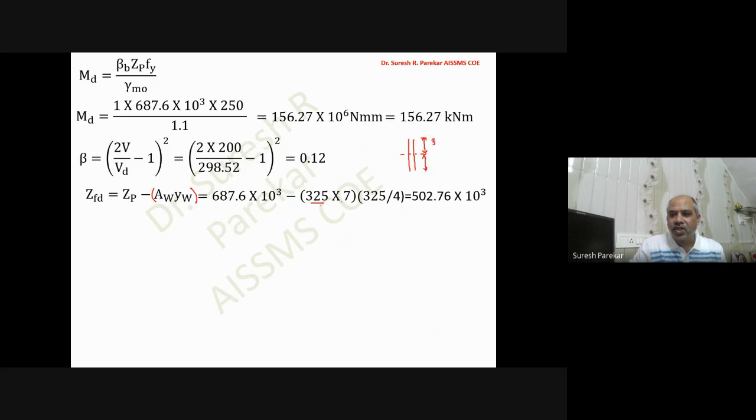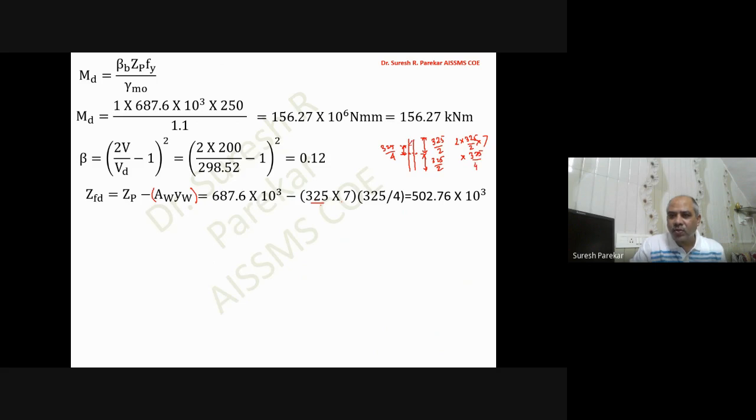So we have this 325 by 2 and this 325 by 2, and we have to take the center. The center of this distance will be 325 by 4. So we get 2 times 325 by 2 into 7 into 325 by 4.